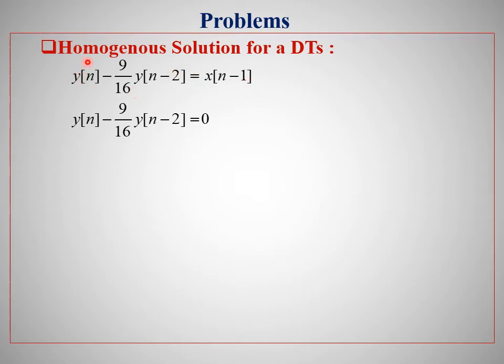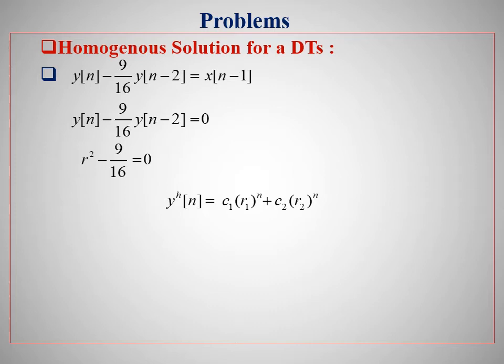Equate this term to 0, which means y of n minus 9 by 16 y of n minus 2 is equal to 0. This could be represented as r squared minus 9 by 16 is equal to 0, and hence r1 and r2 could be obtained as 3 by 4 and minus 3 by 4 respectively.